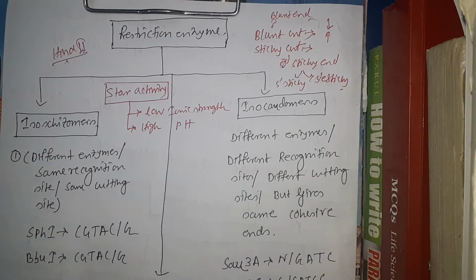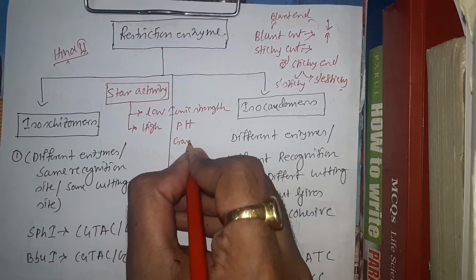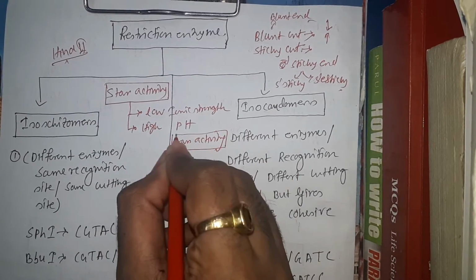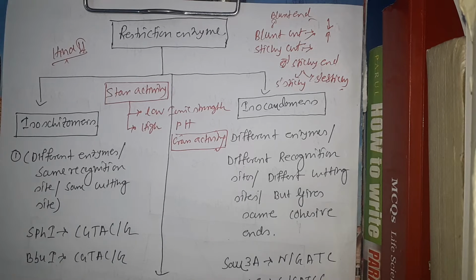I told you that this is something similar to the cross-reactivity that we have studied in immunology. Isoschizomers, neoschizomers, and isocaudomers are something that result from this star activity phenomenon.